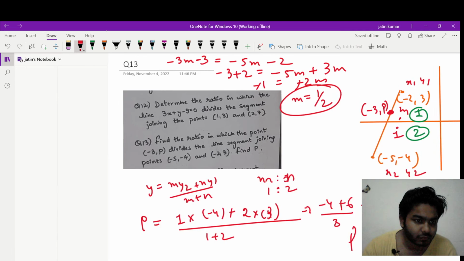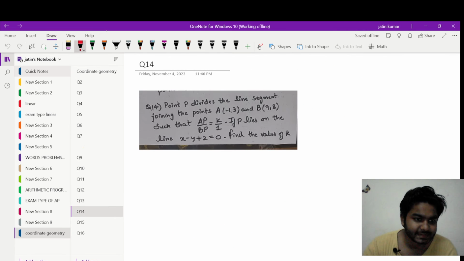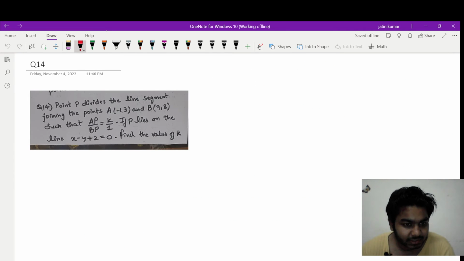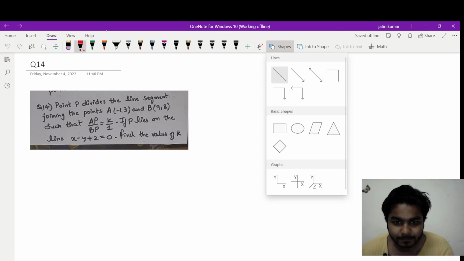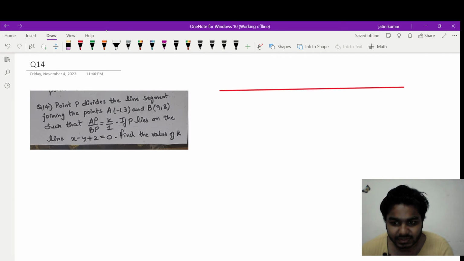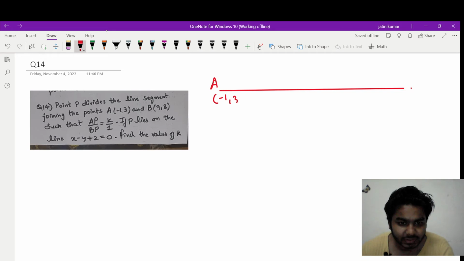Now we will move on to question number 14. Question number 14 says, point p divides the line segment joining points a and b such that, so we have a line, and we have two coordinates, a is minus 1 comma 3, b is 9 comma 8, right?